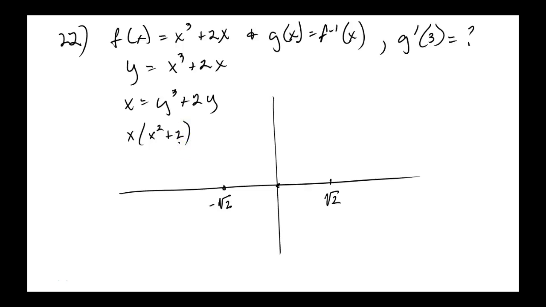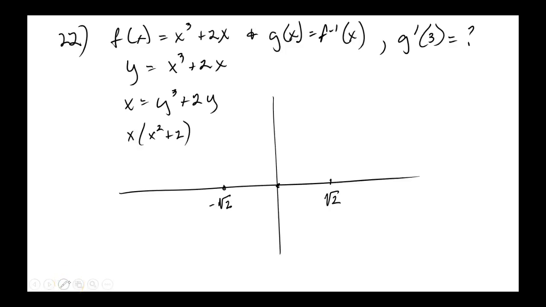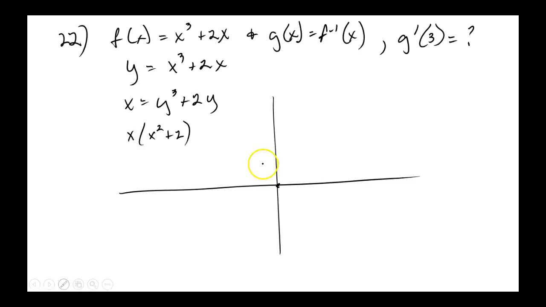No, that's irrational. Not irrational, complex. So this isn't going to work. But 0, 0 is a root. It doesn't have any other roots. And that's why you can do the inverse.